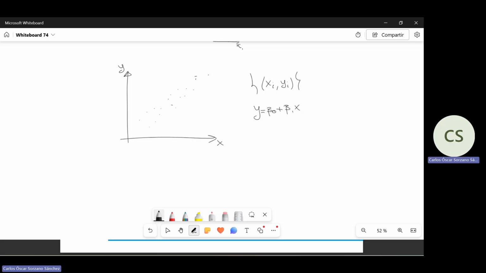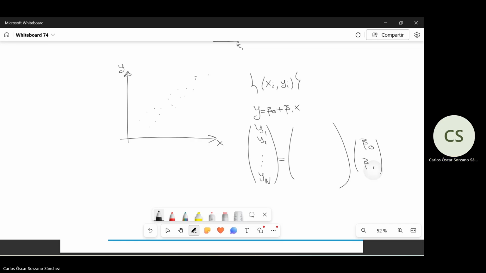So I can write this in a matrix form. I can say y1, y2, ..., yn is equal to the matrix with rows 1, x1; 1, x2; ...; 1, xn, times the vector beta, with beta 0 multiplying the 1s.